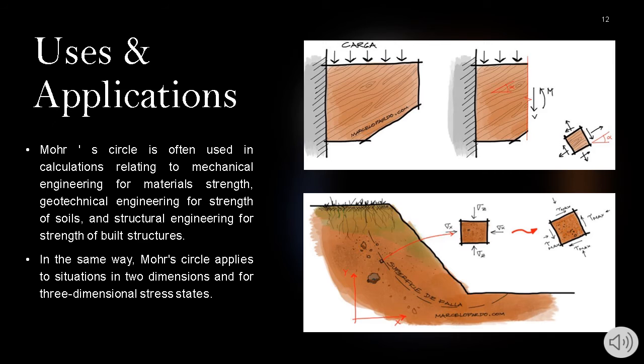Therefore, the failure is usually produced by shear stresses in the ground, so we must know the maximum shear stresses along the entire slope, and these stresses will almost never be in the vertical or horizontal direction, aligned with the x and y axes. So this is where we must apply knowledge of stress rotation to know the maximum shear stresses at all points in the Mohr circle.